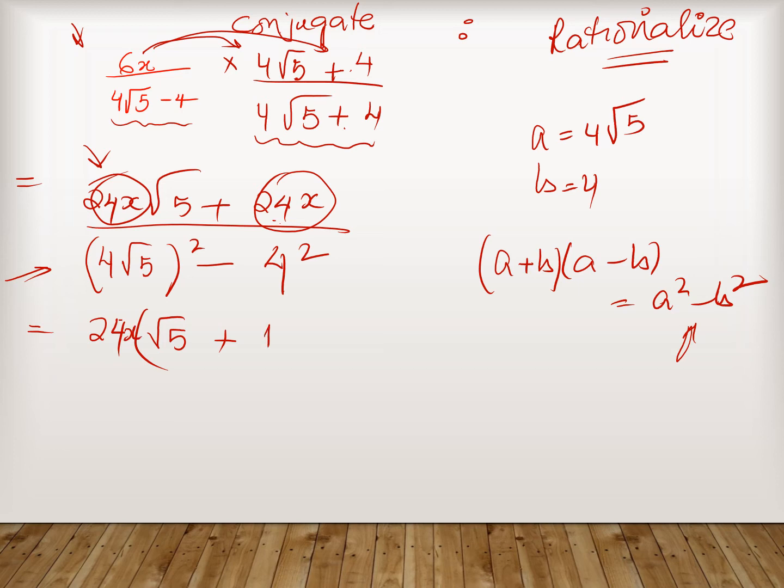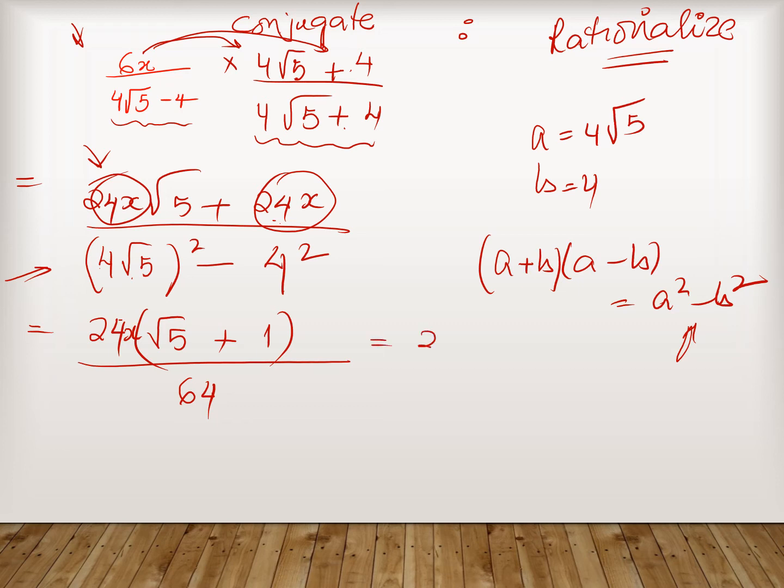Divided by 4 square root of 5 whole squared, which gives you 80, minus 4 squared gives you 16, so overall you will get 64. Or you can use the calculator for simple calculations.